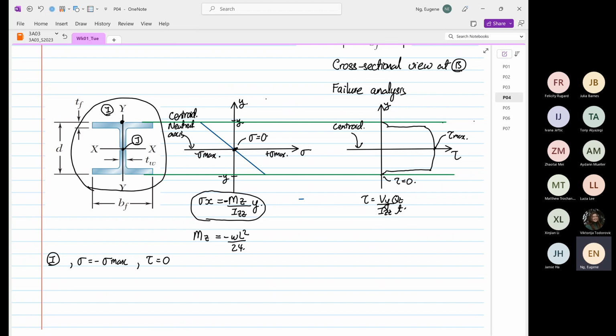We totally ignore the stresses induced due to the shear stress. So point I is not really a good point to choose.